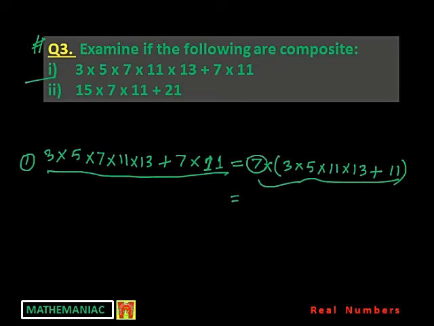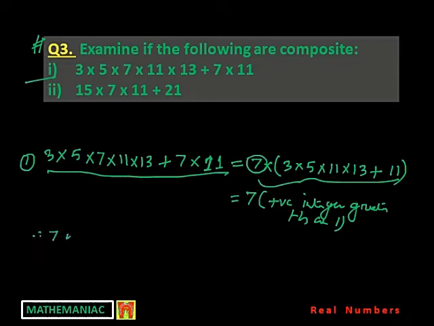So this 7 is a prime factor. So this implies what? You write it like this: 7 into a positive integer greater than 1.